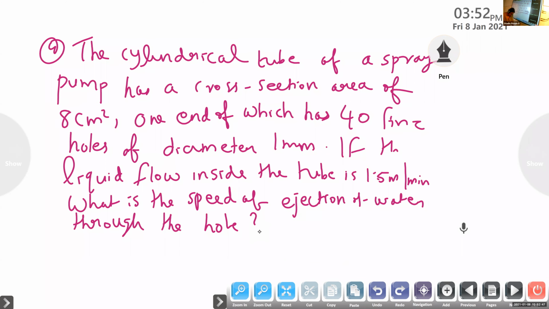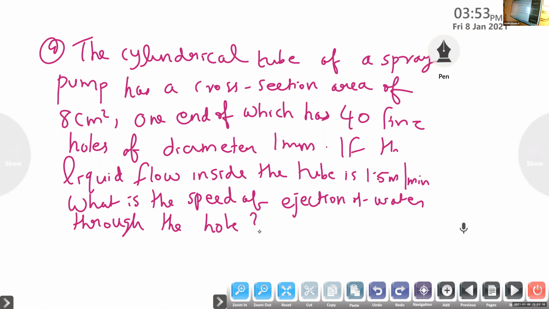Then you have to find out the velocity outside. So here, the easy method is to use the equation of continuity, since the terms A, V and all are given. Flux cannot be used because the flux equation is different; height and all that should be given to us. But in this case, flux can be found only with the equation of continuity. That is, how much volume is entering, that much is coming out.